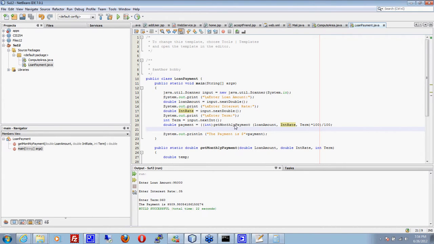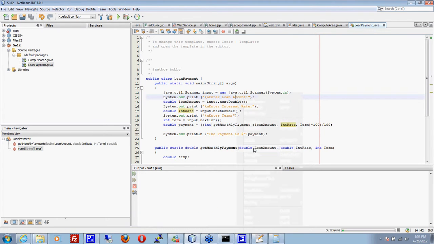I cast it to an int, which gets rid of all that, and then I divide it back by 100. So if we do that and we run it, do the same thing again, 95, interest rate 0.05, term 360.